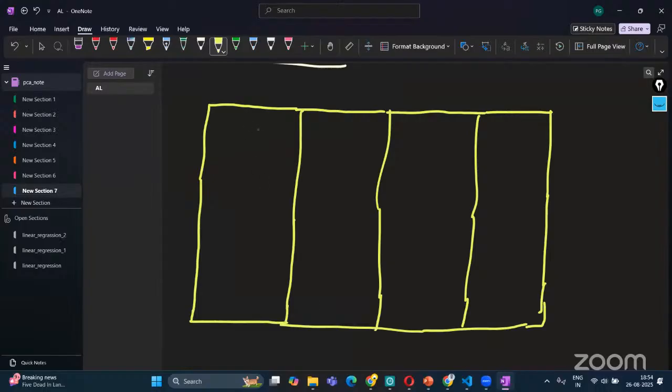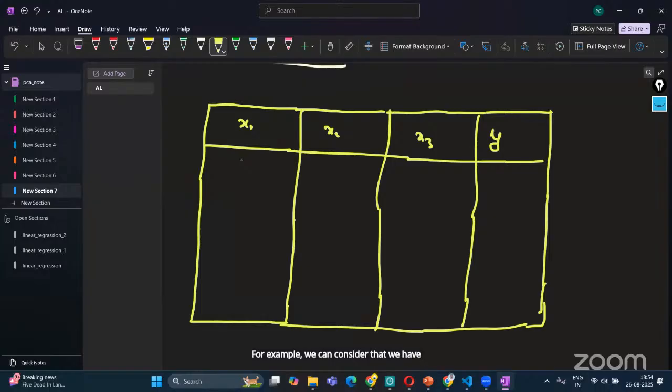In this column, if we have x1, x2, x3, and y. For example, we can consider that we are performing forecasting of whether today we are having rain or not. Yes or no?